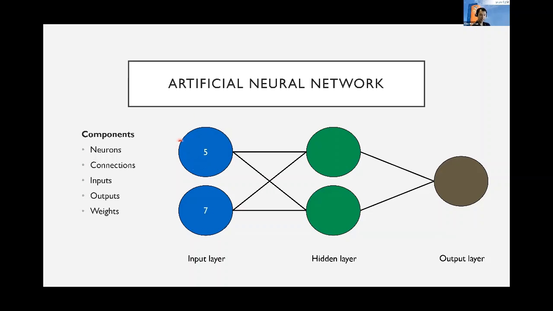So let's say in the input layer, I have two values. Rather than using 784 numbers, let's go with a very small example so that we can run through the specific calculations. Let's say I have two input numbers, 5 and 7. I've mentioned that the neurons are connected, and each of the connectors is going to have a weight associated with it.